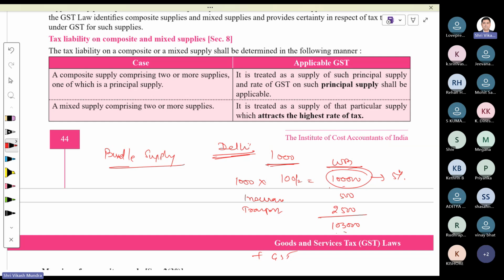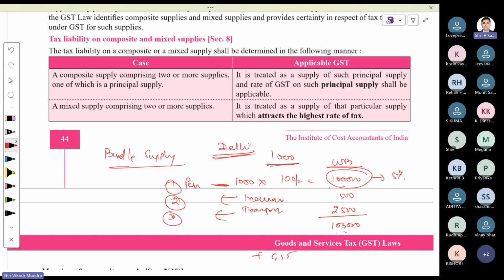In this type of supply, there are three items I am supplying. One is pen. Number two and three, I am providing these services. I am supplying a bundle.